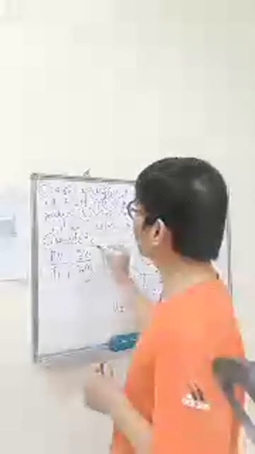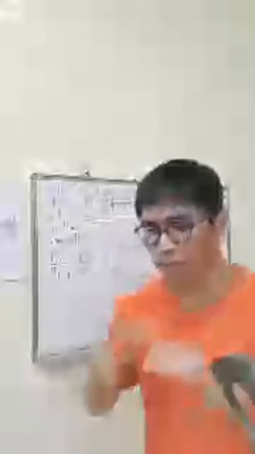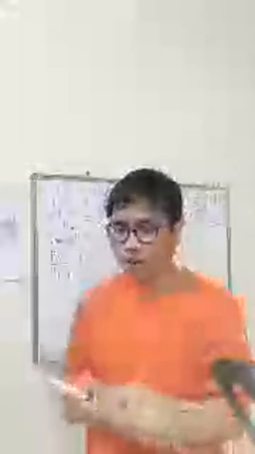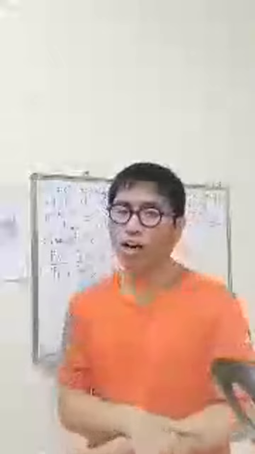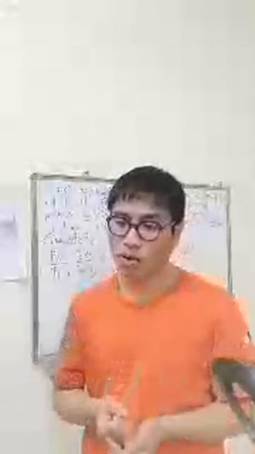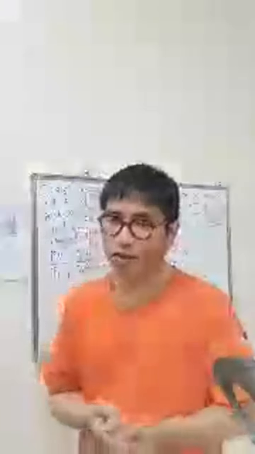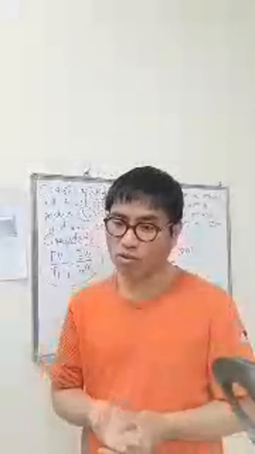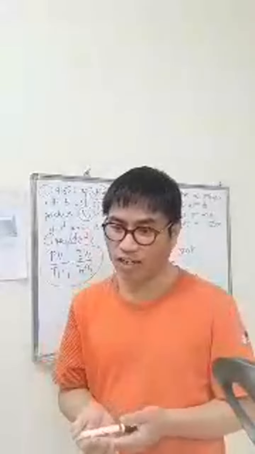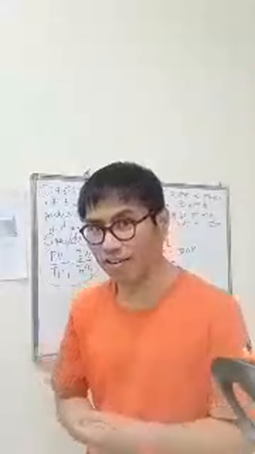Combined gas equation. Combined, meaning it combines the laws of Boyle's law, Charles' law, Gay-Lussac's law, Avogadro's law, and Dalton's law, pressure, and everything regarding gases, okay? So this is going to be the equation we use.